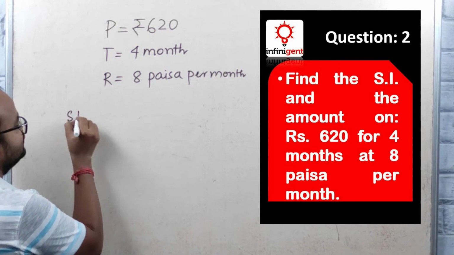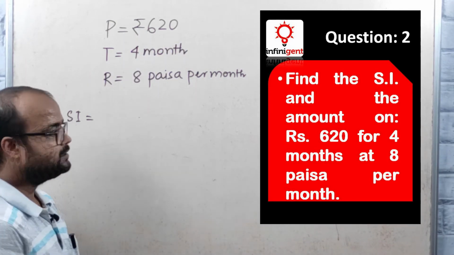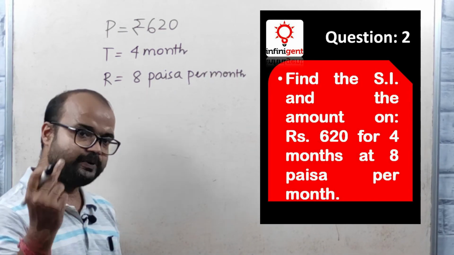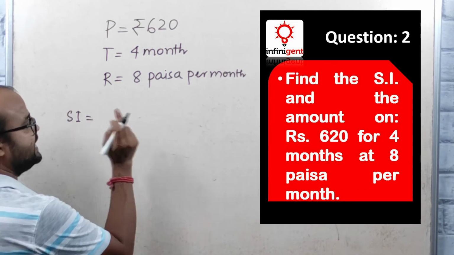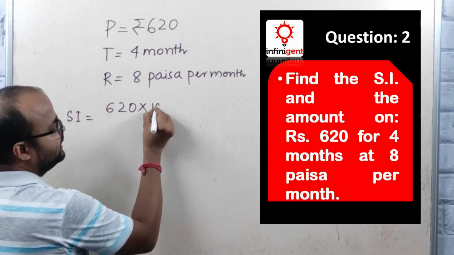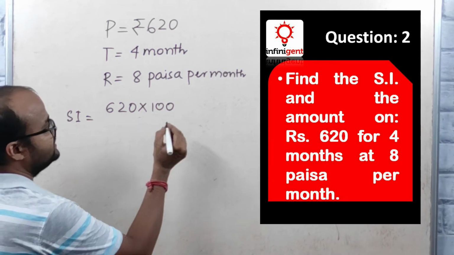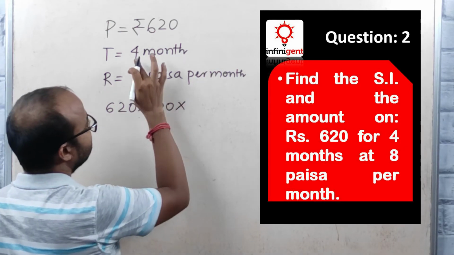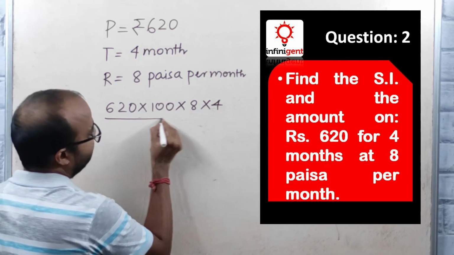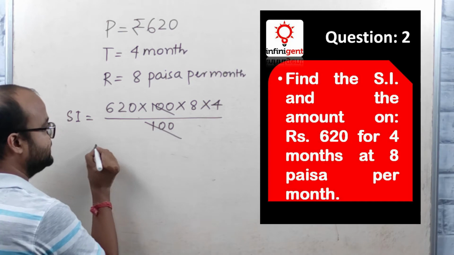So SI equals to, now see, principal is given in rupee and rate is given in paisa. So you need to convert rupee into paisa and then apply. So SI equals to P, that means 620 multiplied by 100, to convert rupees into paisa, into R into T by 100. 100 and 100 will get cancelled.